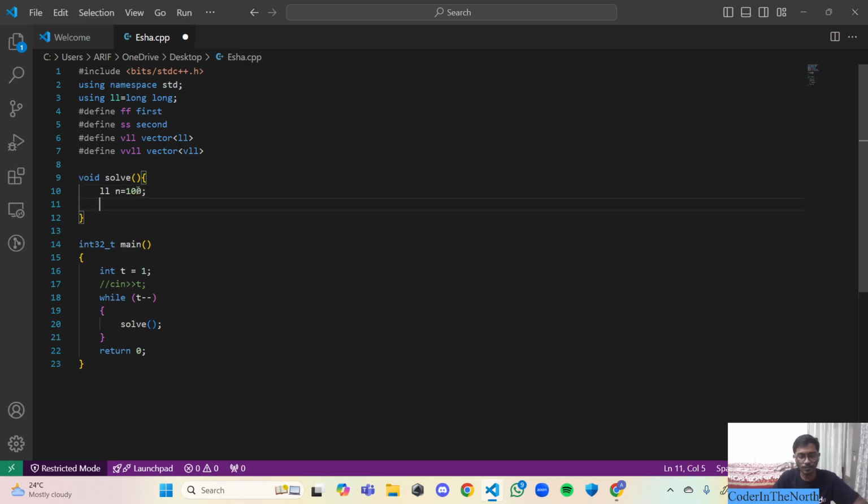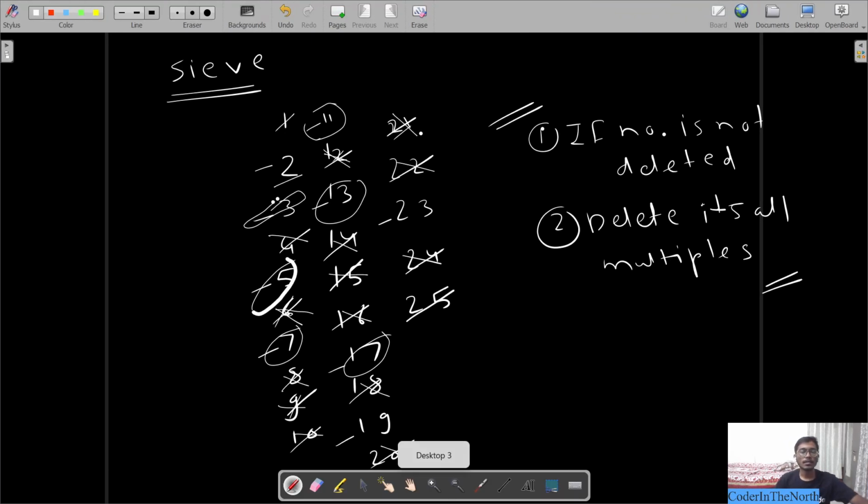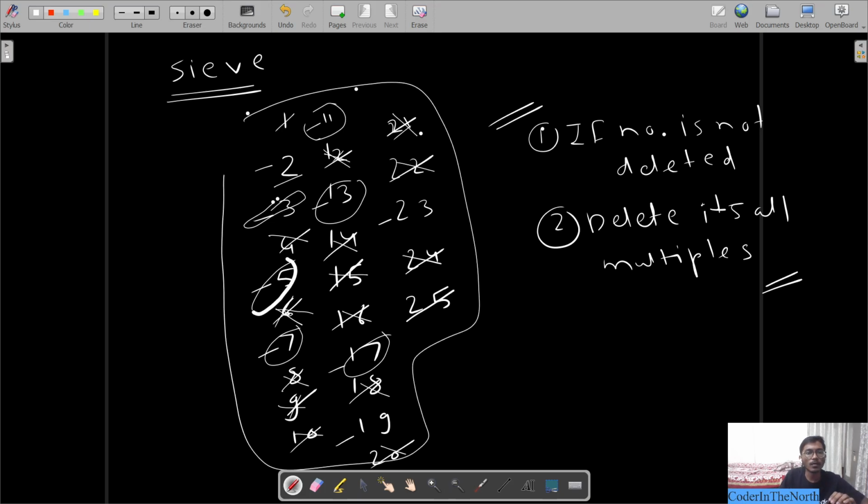So what we'll do now, we are saving this thing somewhere. We actually need somewhere the numbers 1, 2, 3 till that number n. On each place we'll store 1 or 0.